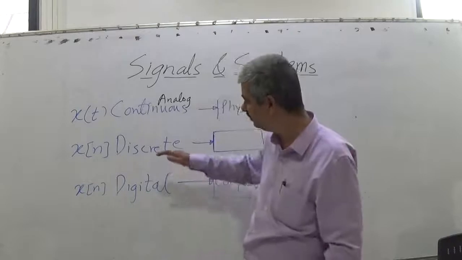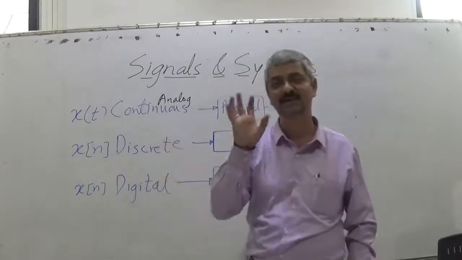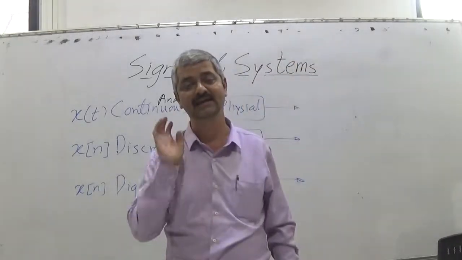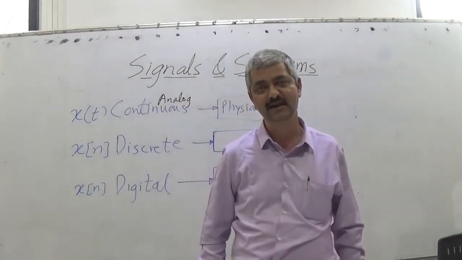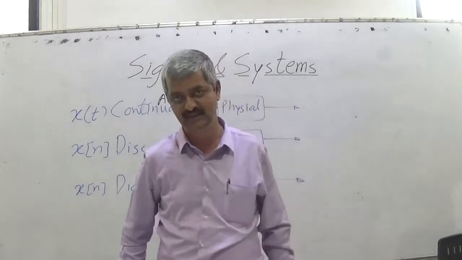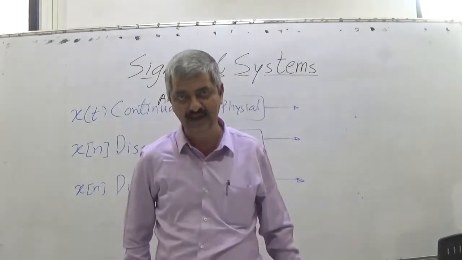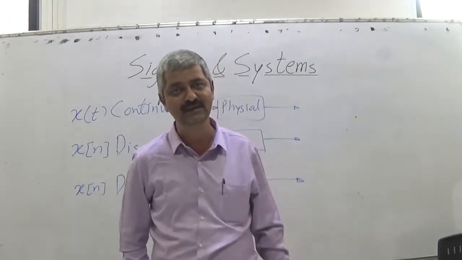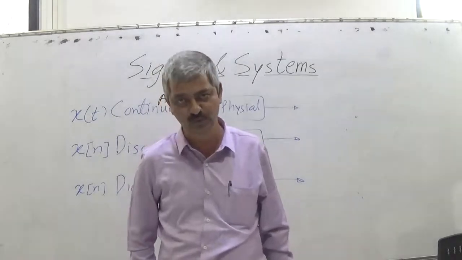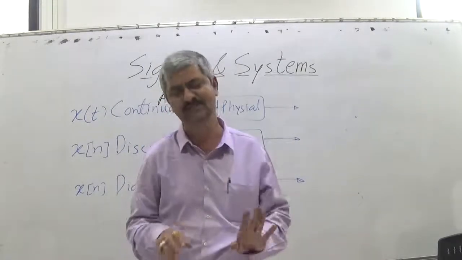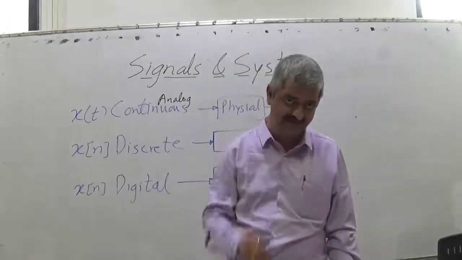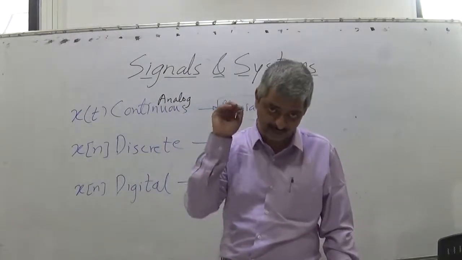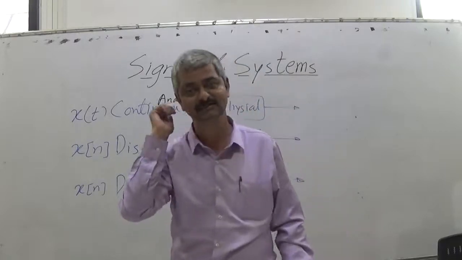Whereas when I come to discrete, I get numbers, I get an array. So in an array, the index is an integer and the value is real. In an array, x[n], n is an integer: 0, 1, 2. It can be on the minus side also, because it depends upon where you define 0. So the index is an integer and the actual value of that is real.